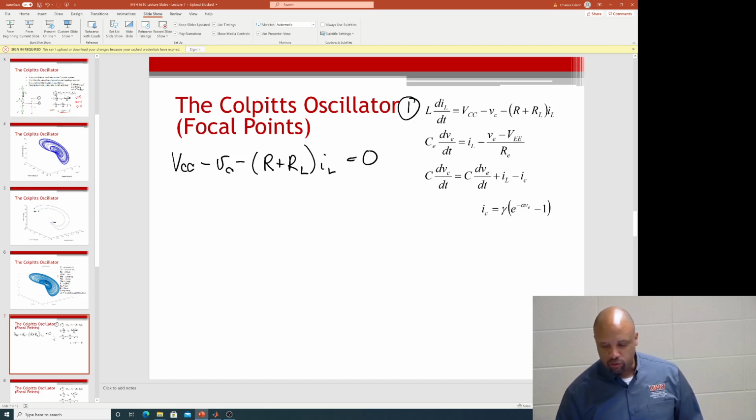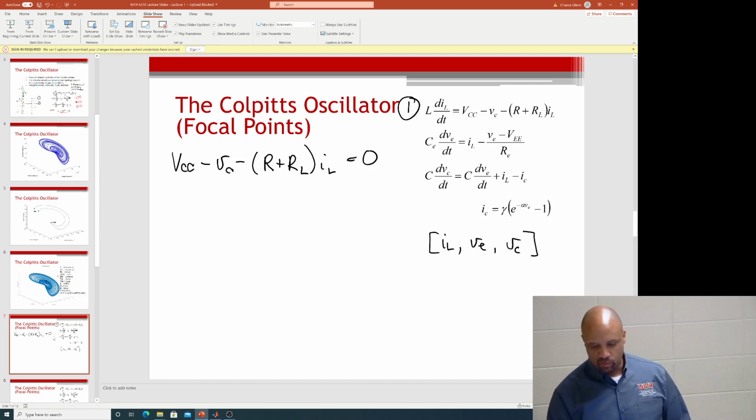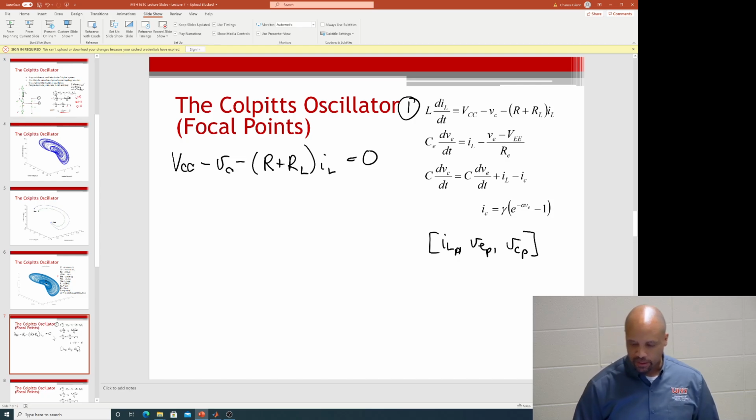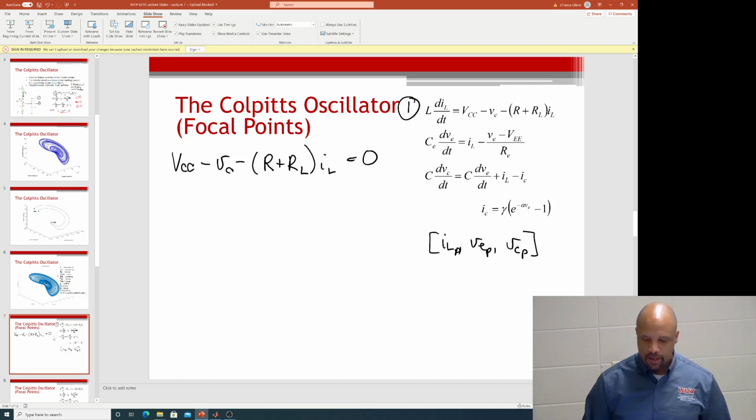All right, what we want to come up with is a place of IL, VE, and VC that's in the center. This is what we want to find out. Where's that center point? So we'll call it little sub P for each one. Let's just say that's the center point.